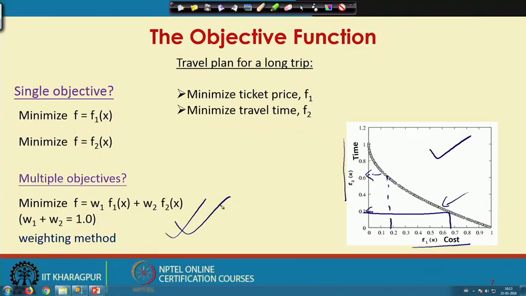This is known as weighting method. So, what I have done is I have taken a new objective function f, which is W1 into F1 plus W2 into F2. So, W1, W2 are different weights and W1 plus W2 equal to 1.